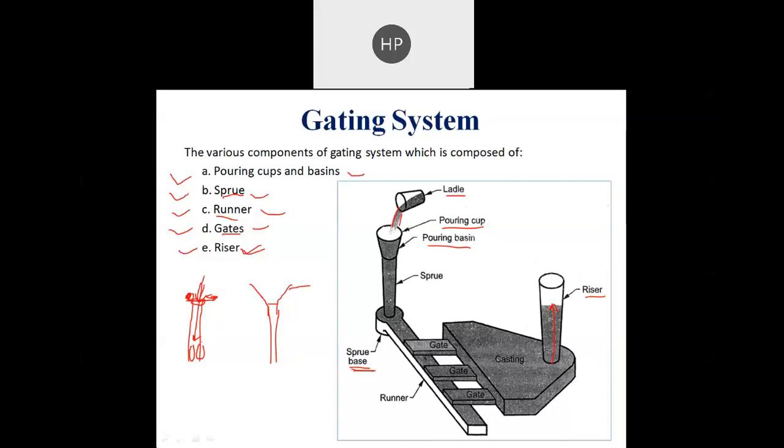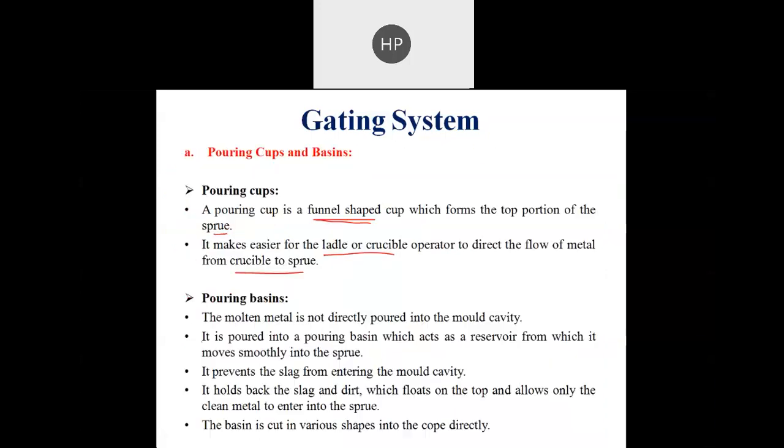So to reduce this, what we require is a smooth flow of the molten metal, and to get that smooth flow, we have a pouring cup which has a funnel shape, and the pouring basin. As I told earlier, the molten metal is not directly poured into the mold cavity.